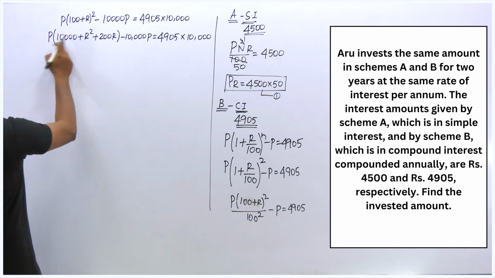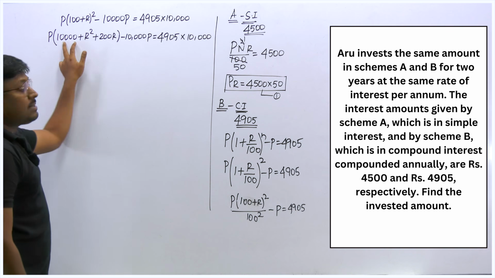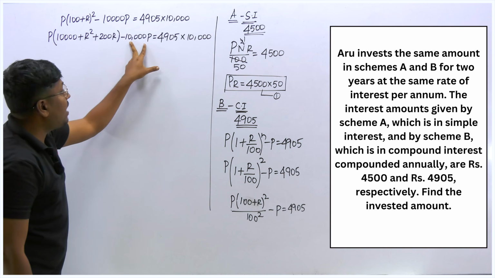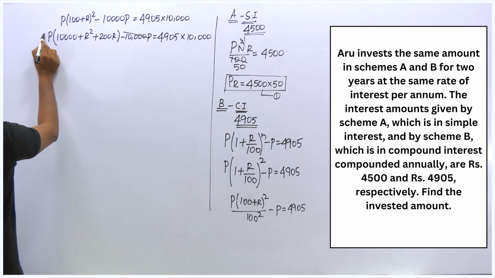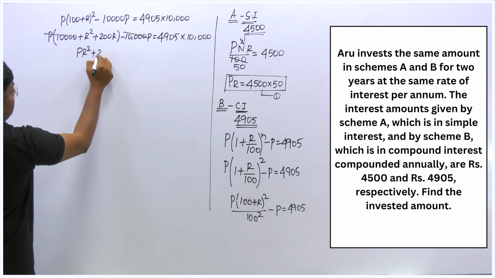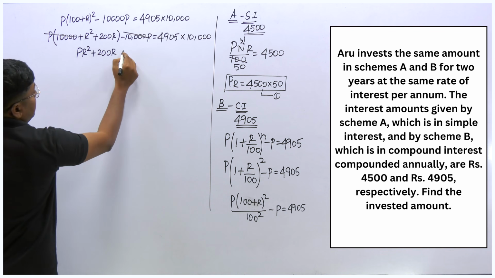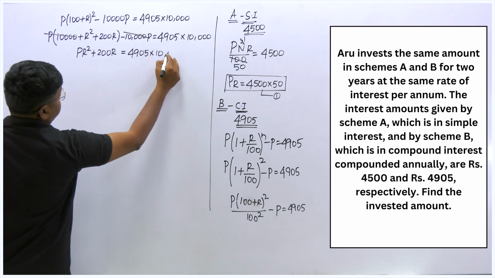So now we can multiply P inside. So once you multiply P inside, here we will get plus 10,000 P, and already here we have minus 10,000 P. So we can cancel this minus 10,000 P and plus 10,000 P. So remaining value will be PR square plus 200 PR is equal to 4905 into 10,000.